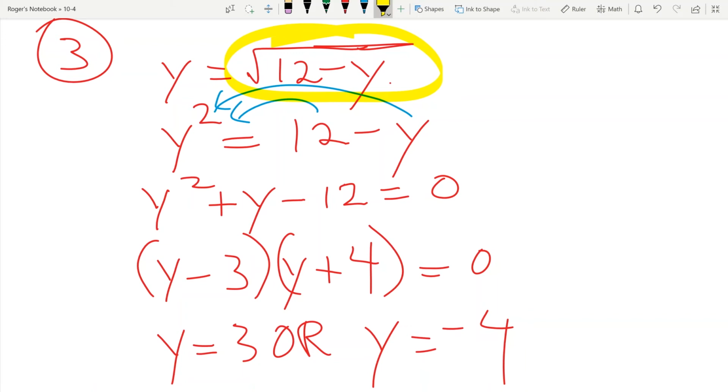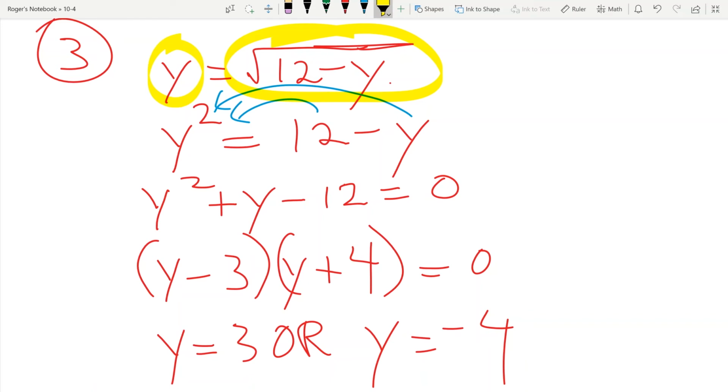That non-negative root is equal to y. Notice this side over here, it's equal to y. Can you have a non-negative root equal to a negative number? Think about it. Can a non-negative root equal a negative? Well, that's kind of an oxymoron. Non-negative means non-negative.